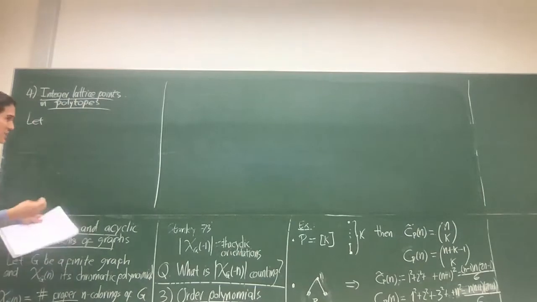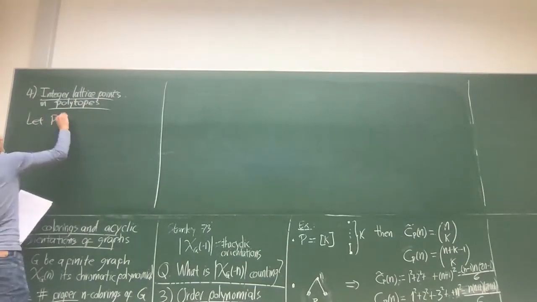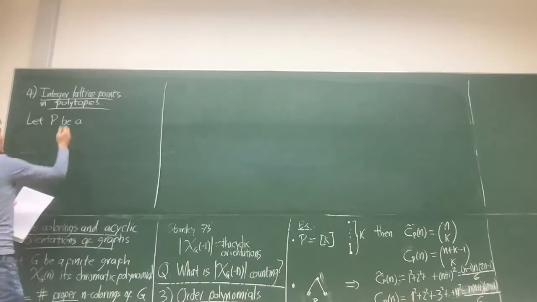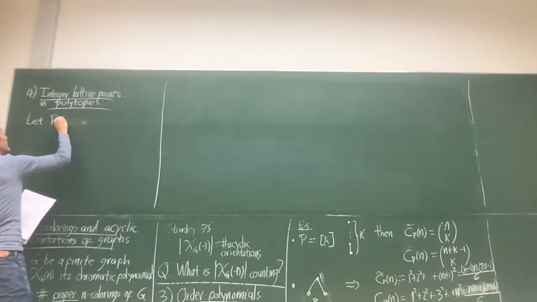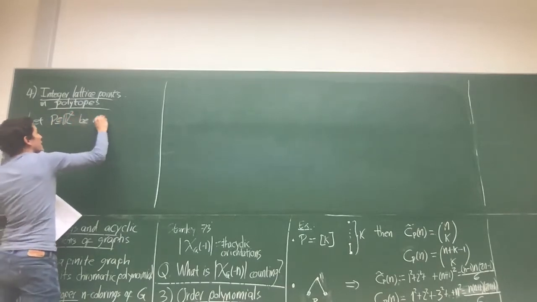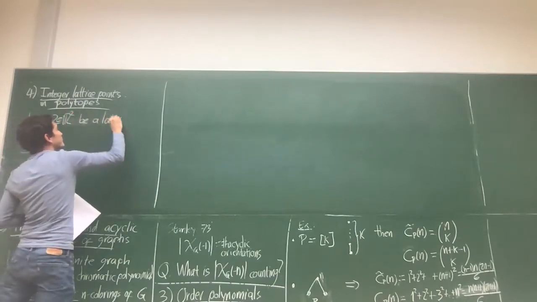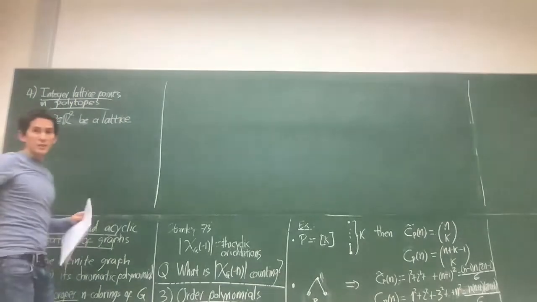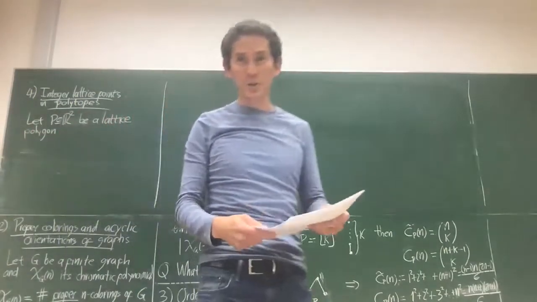Okay, so we use notation and we use P again. Let P in R^2 be a lattice polygon. So a polygon, any one of you knows what a polygon is.